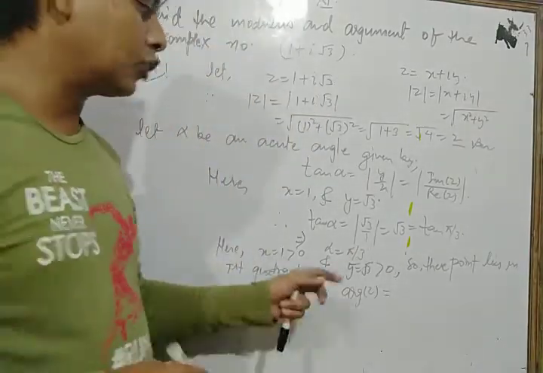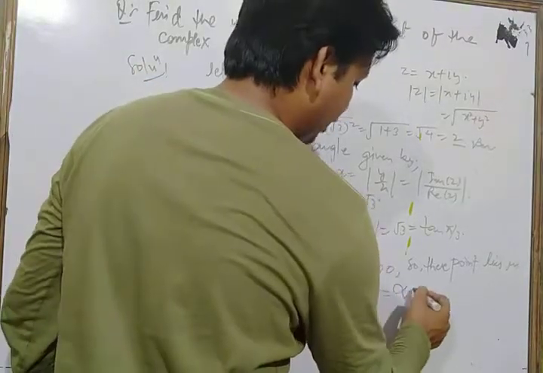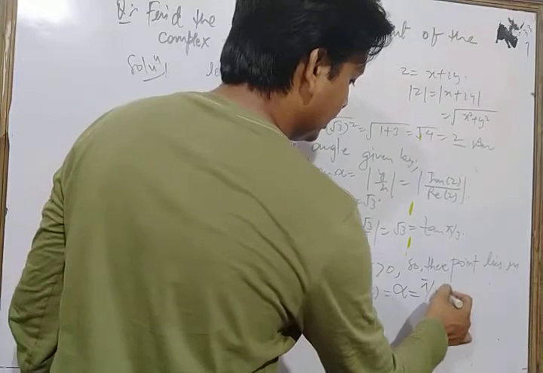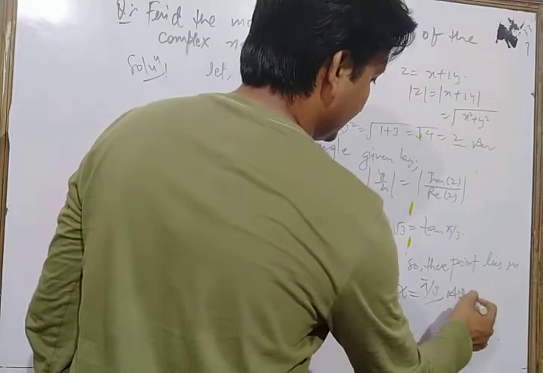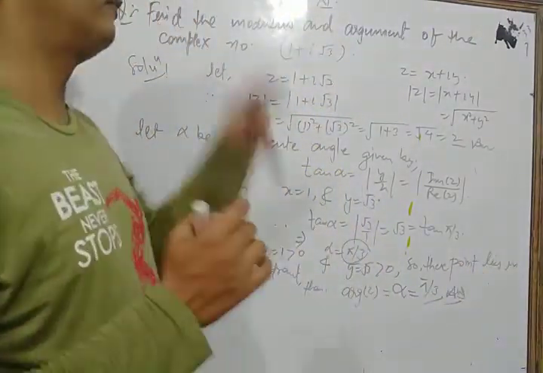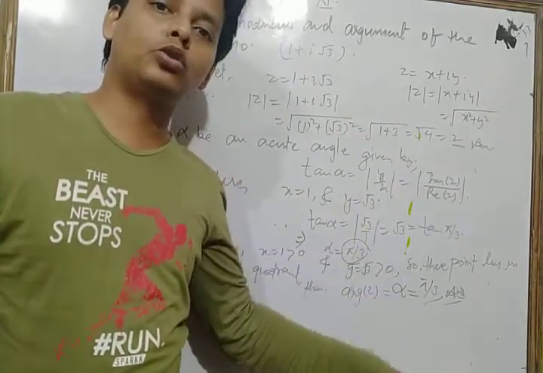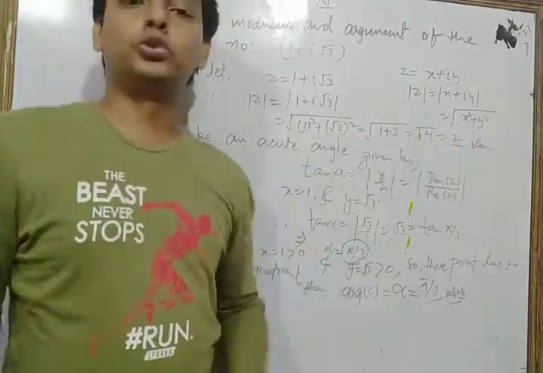Then the argument of z will be alpha, and you know that the value of alpha is pi by 3. So, dear student, the argument of that complex number will be pi by 3 and the modulus of that complex number will be 2.